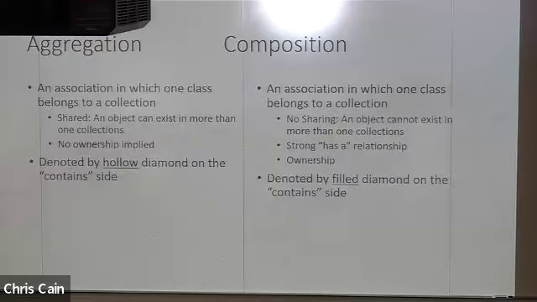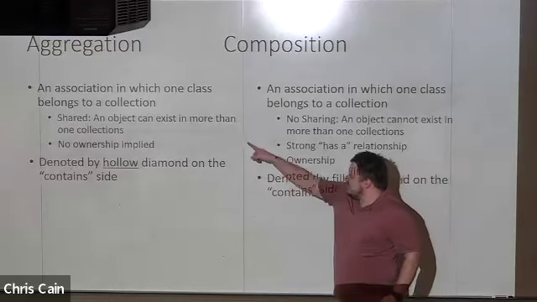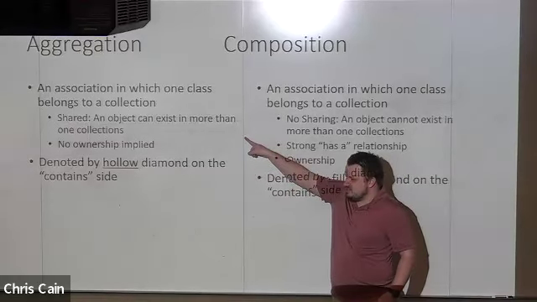So these are 2 different kinds of relationships that are very closely related and very frequently confused because their definitions are very similar. So in aggregation, it's a particular kind of association where one class belongs to a collection and the other class does not. Any particular object can exist in multiple collections.